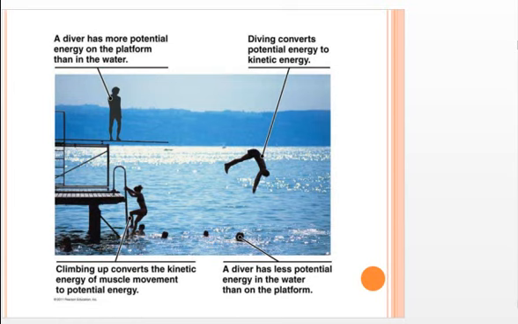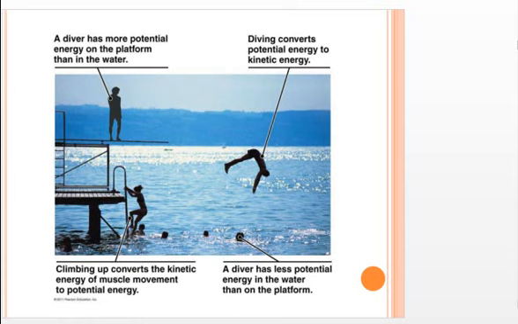Standing on the platform and not moving, that diver has a lot of potential energy, that's stored energy. As soon as the diver dives off, that potential energy is converted into kinetic energy. Now, if the diver is moving into the water, there is still some kinetic energy going on. So there's a lot less potential energy there because it's still moving.